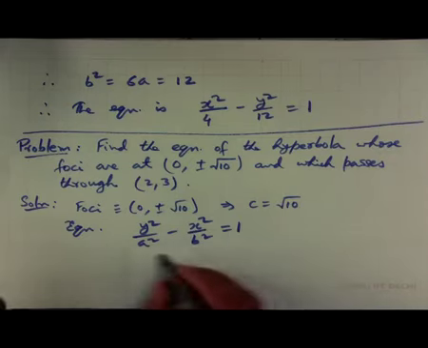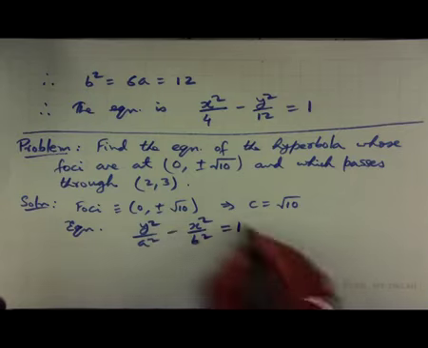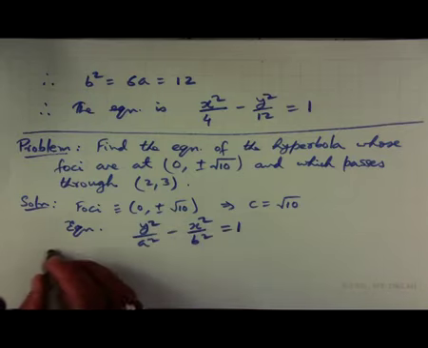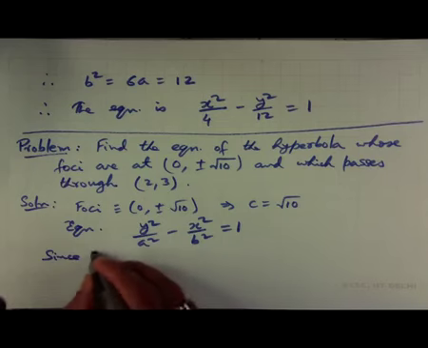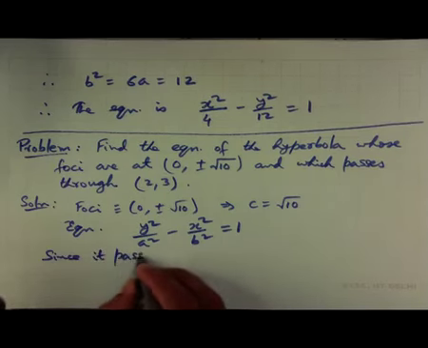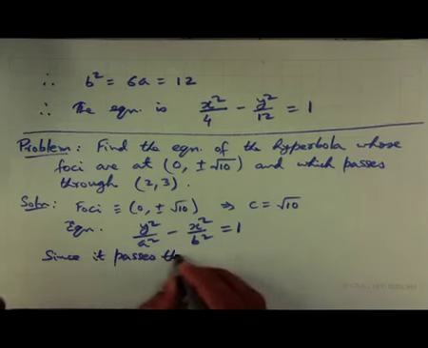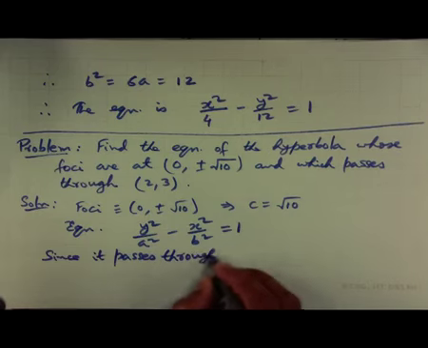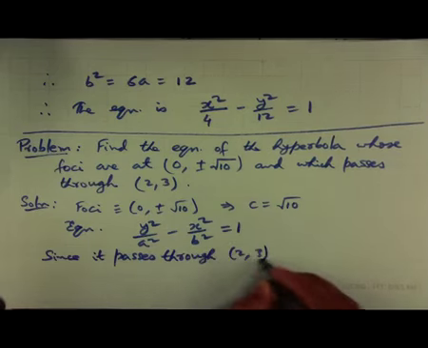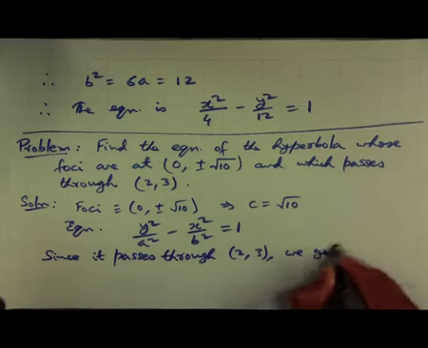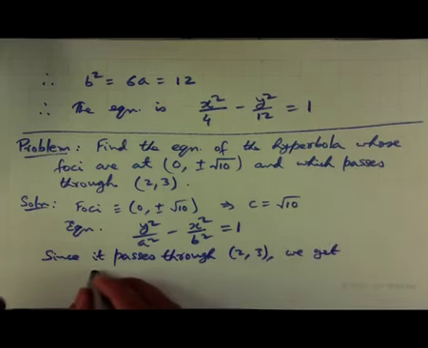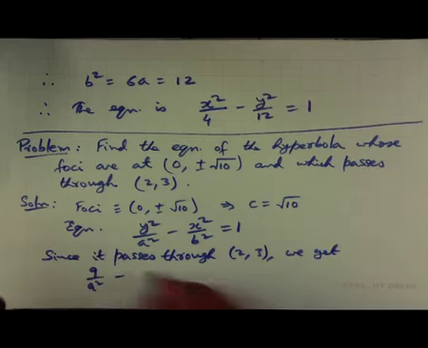And since it passes through (2, 3), we get 3 square, 9 by a square, minus 2 square, 4 by b square. This is equal to 1.